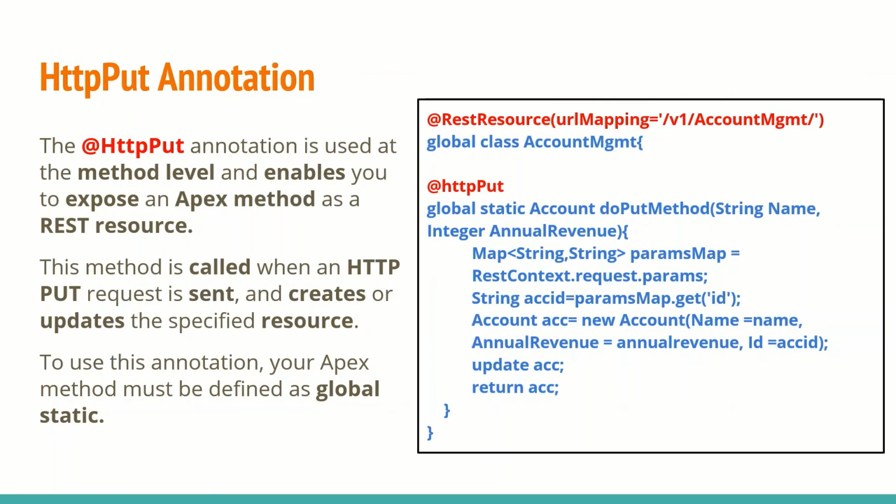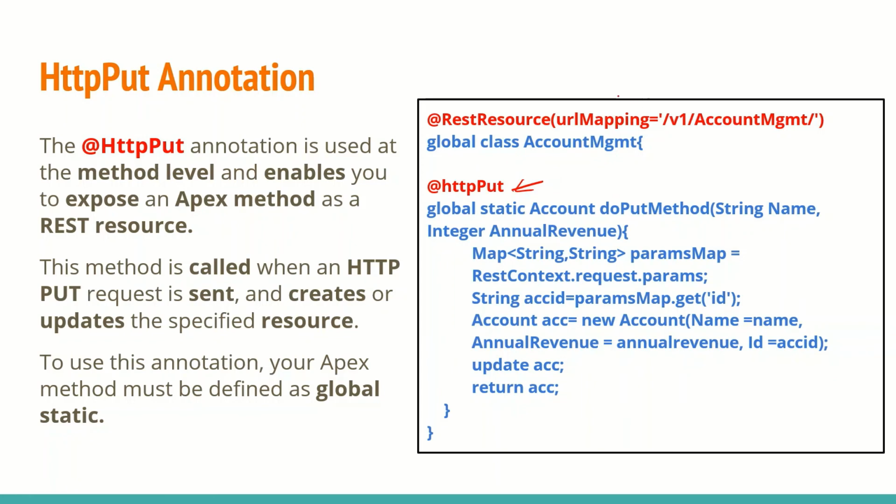The HTTP put annotation is used to create and update. So patch is only for update, put is for creation and updation of the specified resource. We just have to give this annotation, HTTP put. The REST resource and URL mapping will remain as they are.